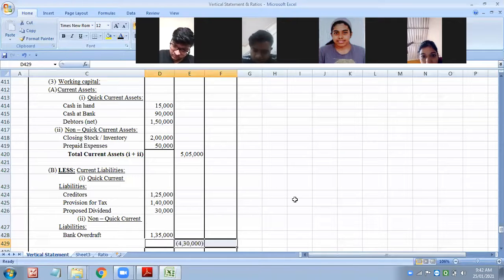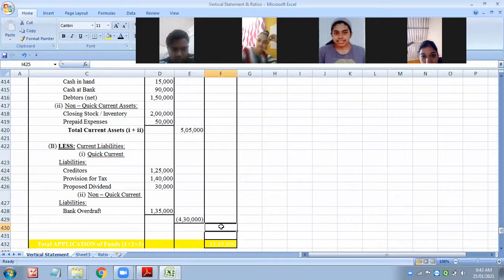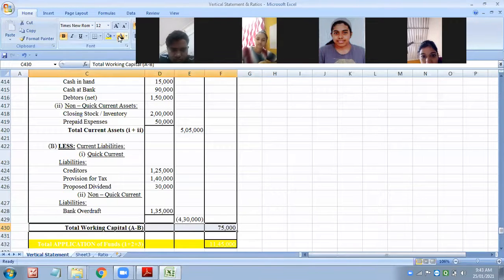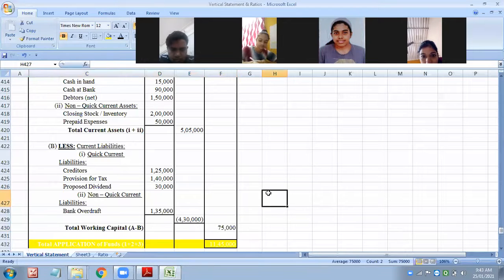So again, if we take the current liability, quick and non-quick, only in non-quick we had bank overdraft, remaining were quick. So it is 4,30,000. So what is 5,05,000 minus 4,30,000? So what will be the value of working capital? It is current asset minus current liability, 75,000.